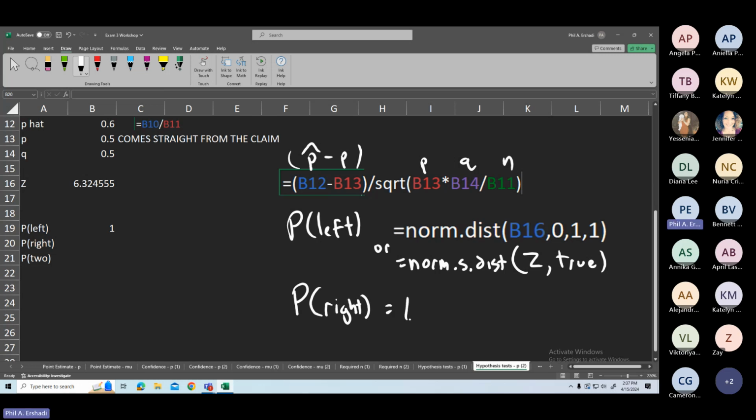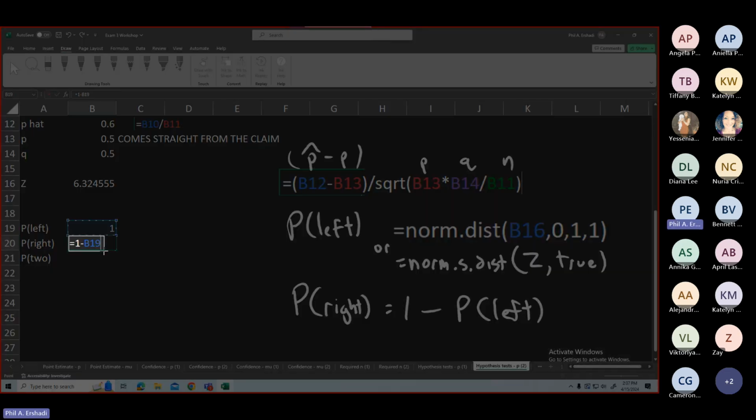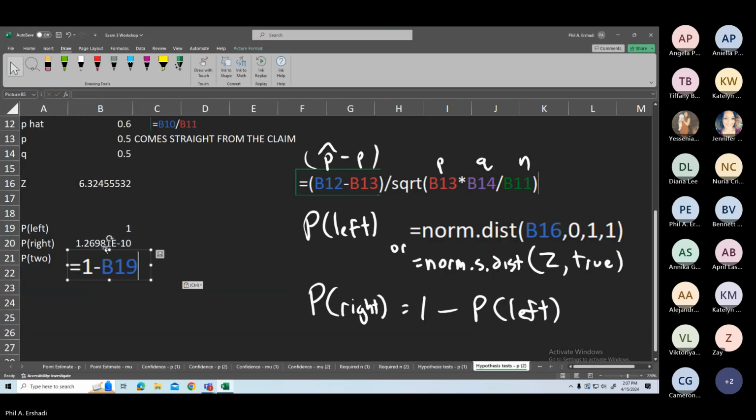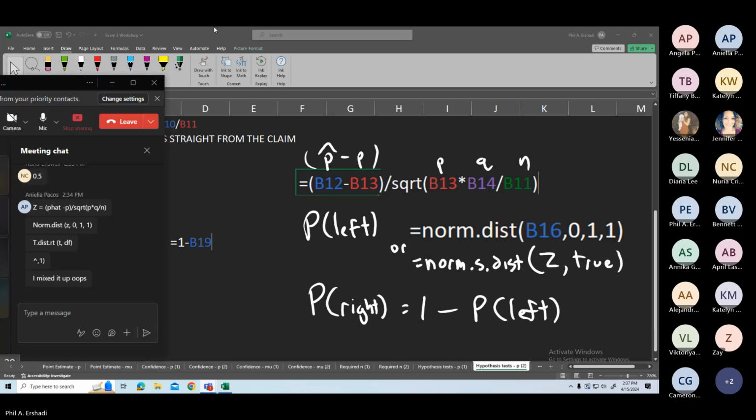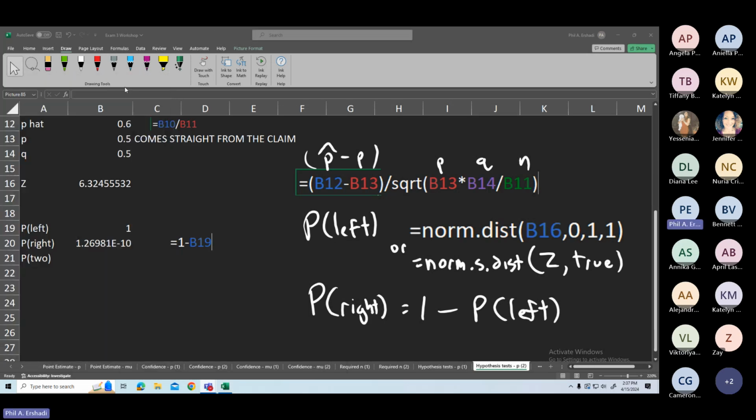You can just say that equals 1 minus whatever P left is. So you can say 1 minus your P left. And that's good enough. Yeah, it's okay. You don't lose any points. It's fine.